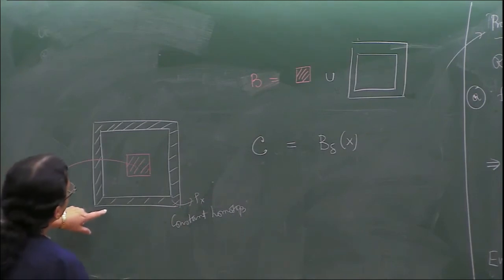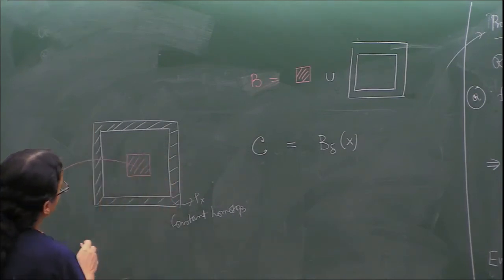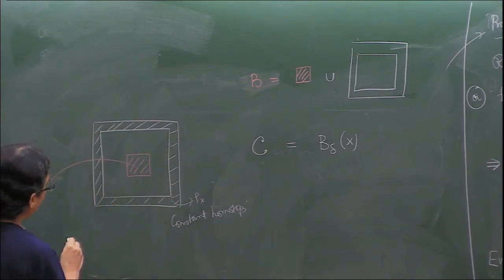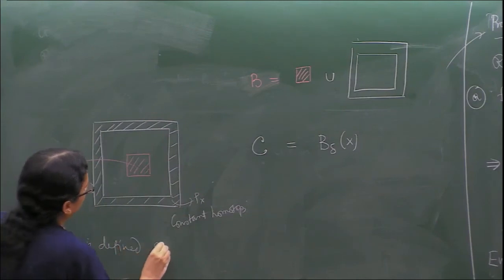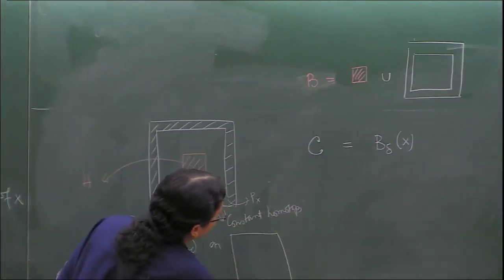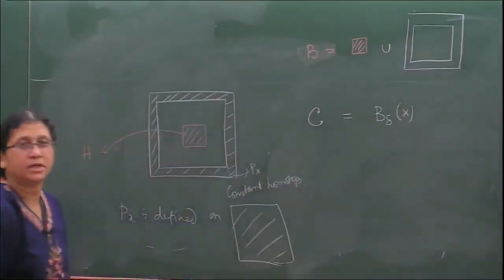And at time t equal to 0, I already have this Px. So Px is defined on the whole big square, B delta.